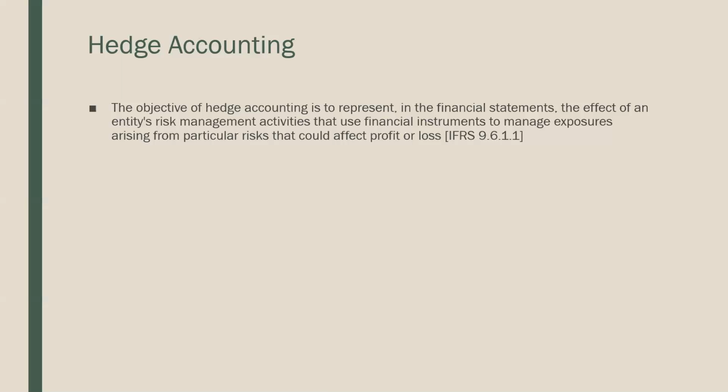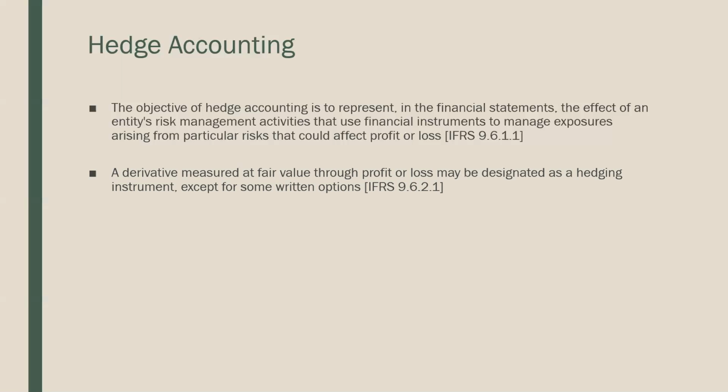If the hedge is working, then the hedge accounting purports to reflect in the financial statements the net impact of the company's efforts. So if the company is doing a good job of managing its risks, there should be very little of the resulting gain or loss making its way onto the income statement.